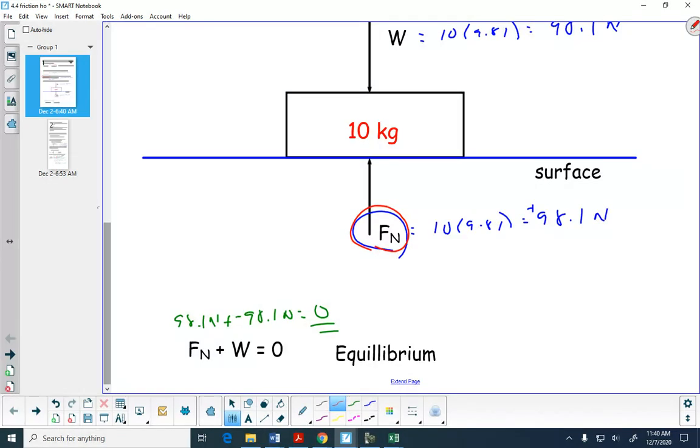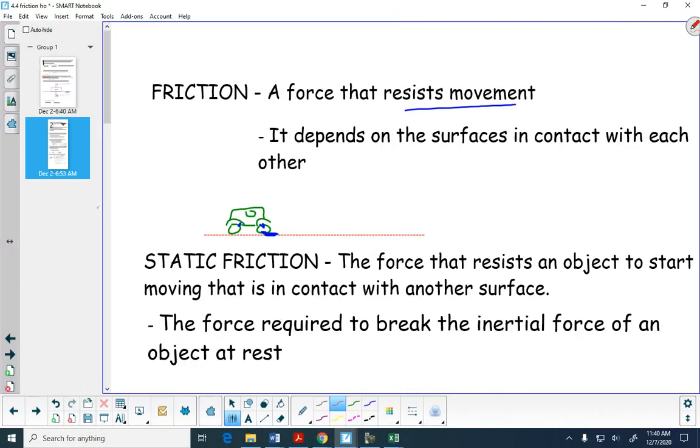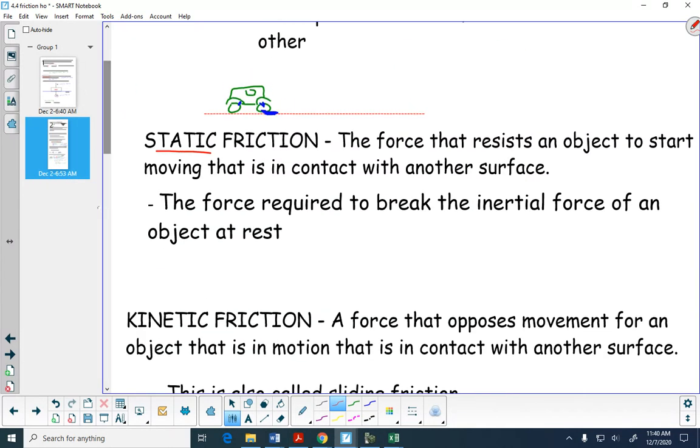We have equilibrium there. The force of friction resists movement. So when you're talking about friction, you're resisting the idea of movement. Depends on the surfaces. You have static friction that resists the start of movement.